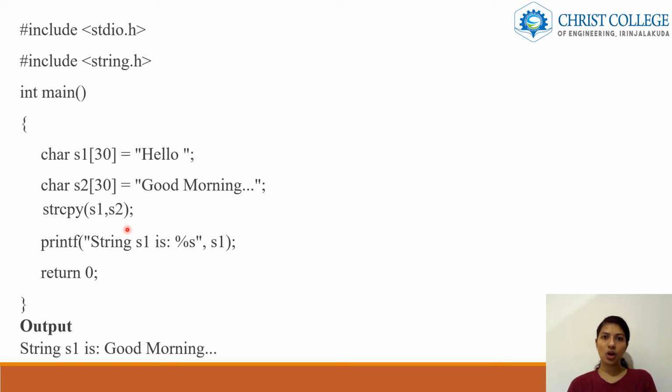The strcpy function will copy the second string to the first one. So when we are printing the string s1, we will get the output like this: String s1 is good morning. So strcpy copies the second string to the first string.